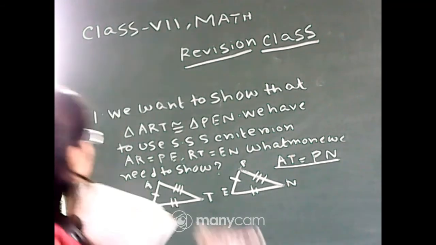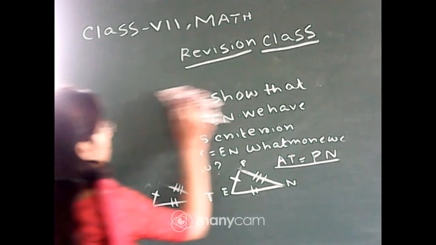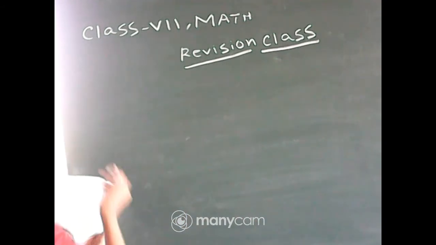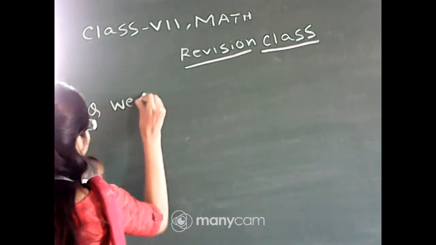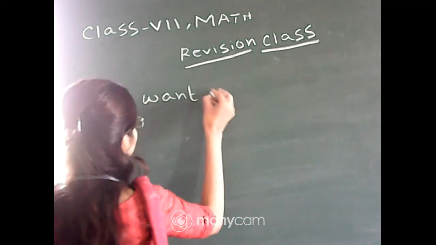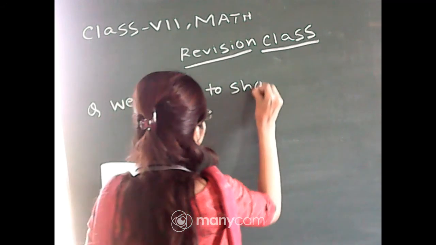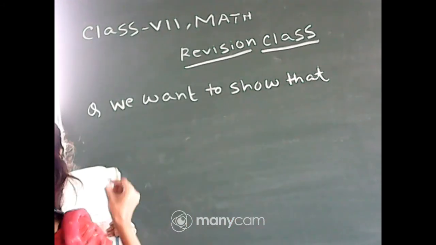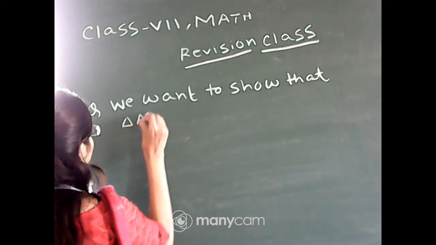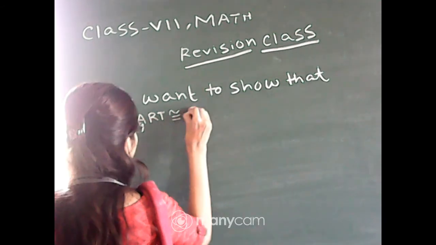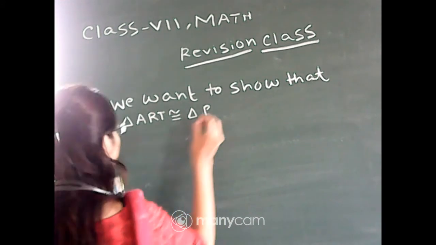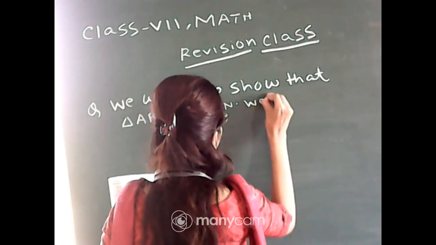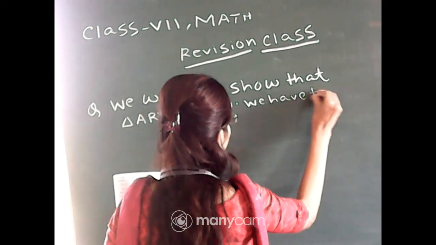Next question is, we want to show that triangle ART is congruent to triangle PEN and we have to use angle side angle criterion.